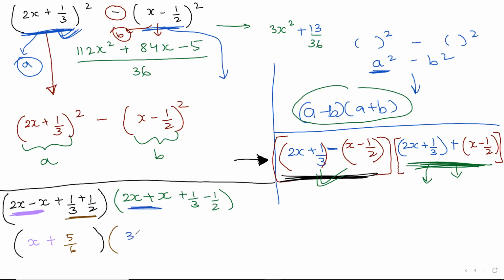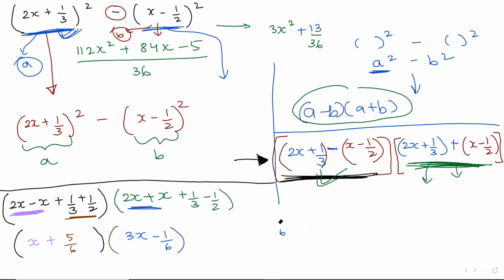So this is 3x, and 1 by 3 minus 1 by 2 is 2 by 6 minus 3 by 6, right? So that's minus 1 by 6.